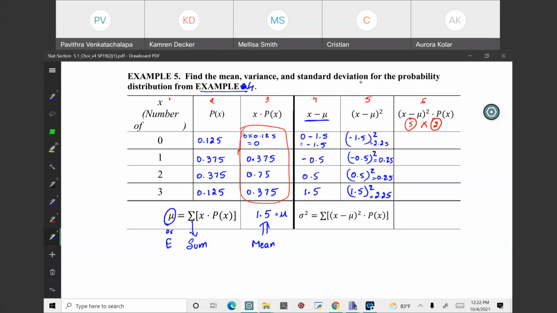I need the final total answer, the summation of this column.